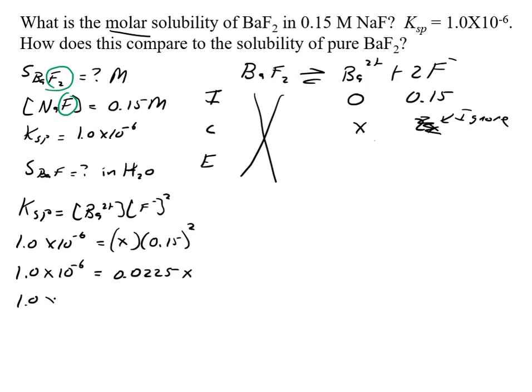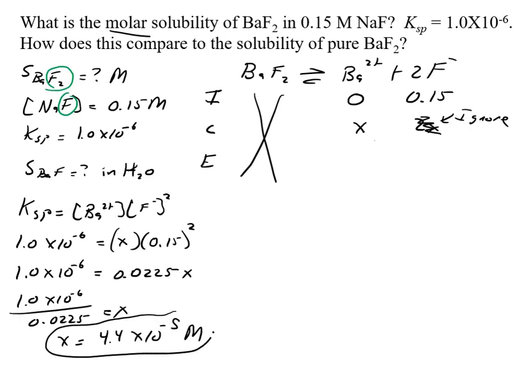So 1.0 times 10 to the minus 6 divided by 0.0225 is equal to X. X then is equal to 4.4 times 10 to the minus fifth molar. Okay, so that's the answer to the first part.